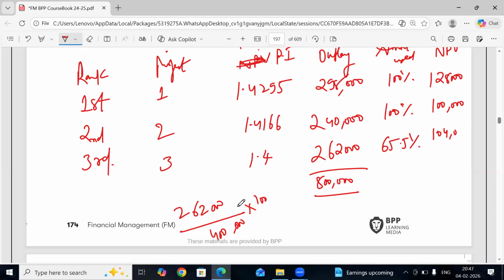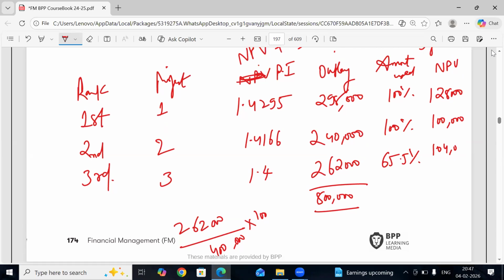2,62,000 is 4 lakh into 65.5%, right? So 4 lakhs into 65.5% gives 2 lakhs 62.